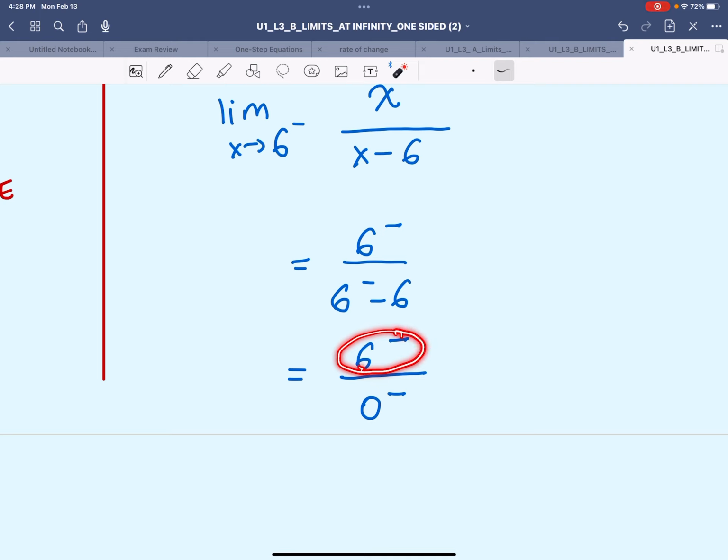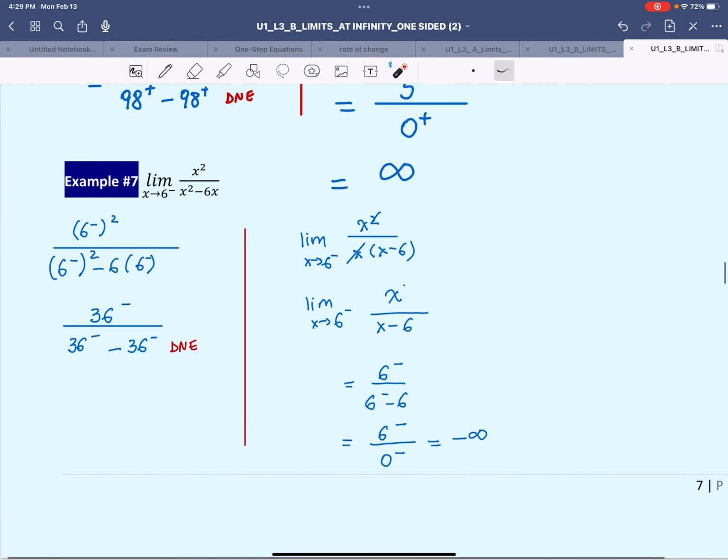It's like 5.999. 0 minus is a very small, close to 0 negative number. So we have a positive over a negative, which will make a negative. And a fixed positive number divided by 0 minus will give negative infinity, and that would be the limit of this function.